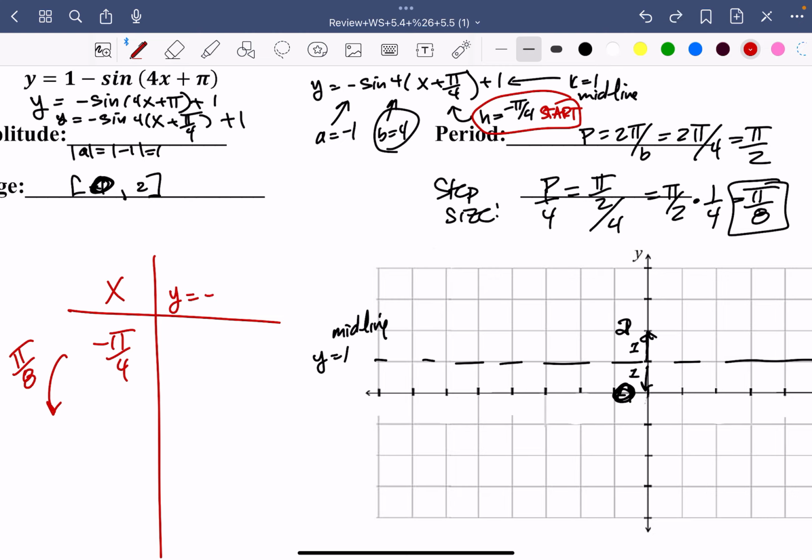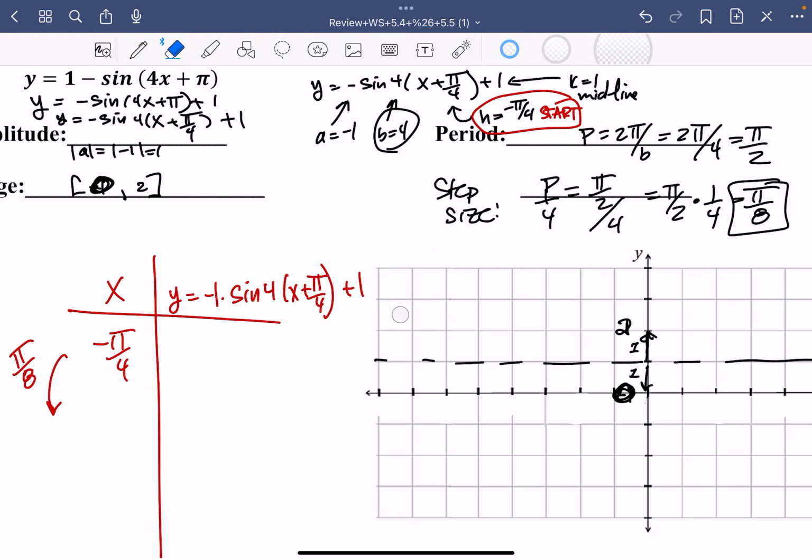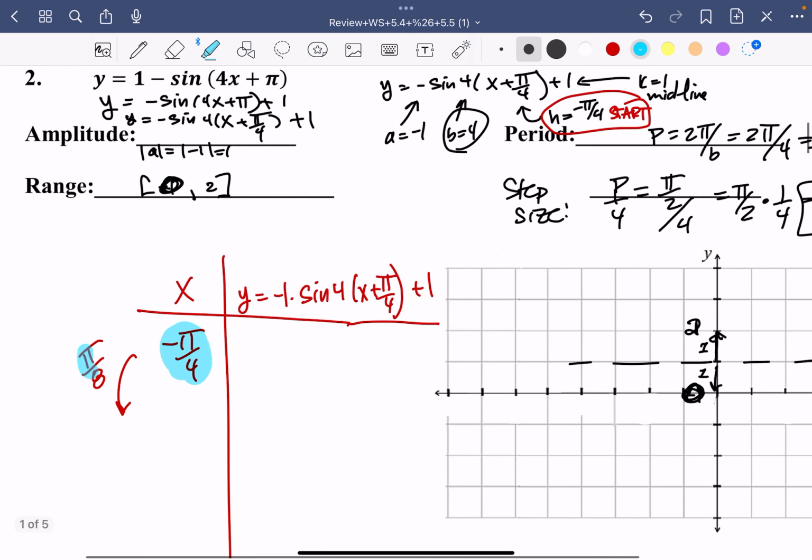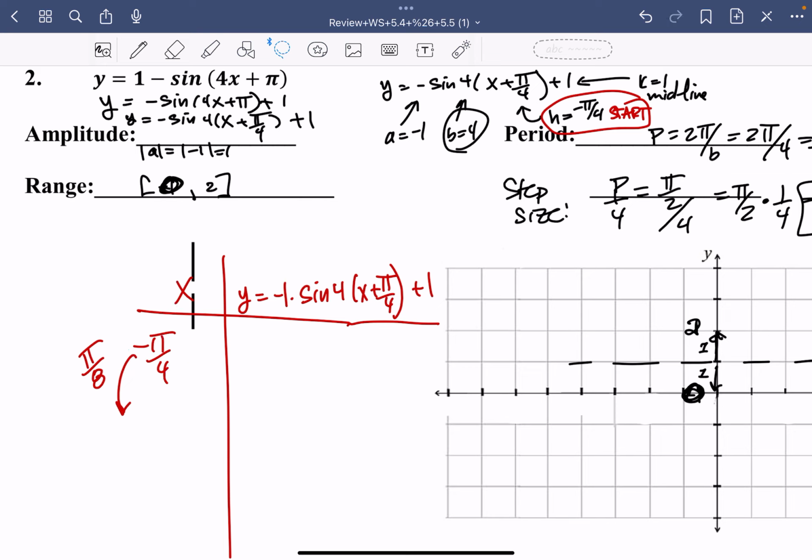You can think of that as -1 times the sine of 4x plus pi over 4, and then plus 1. So this is going to be my starting value, negative pi over 4, and I'm going to add pi over 8 when I take a step. Because my steps are in eighths, I'm going to change my starting value to also be in eighths.